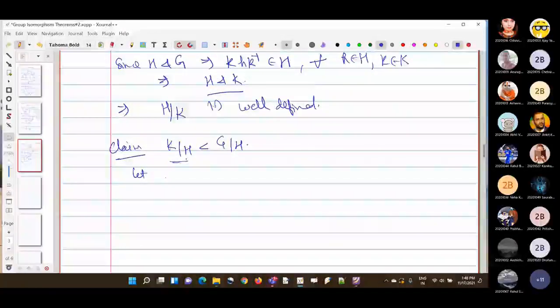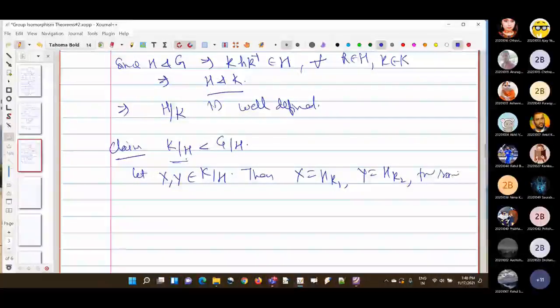Let us take capital X, capital Y from K by H. Then X equals Hk1 and Y equals Hk2 for some k1 and k2 belonging to capital K.